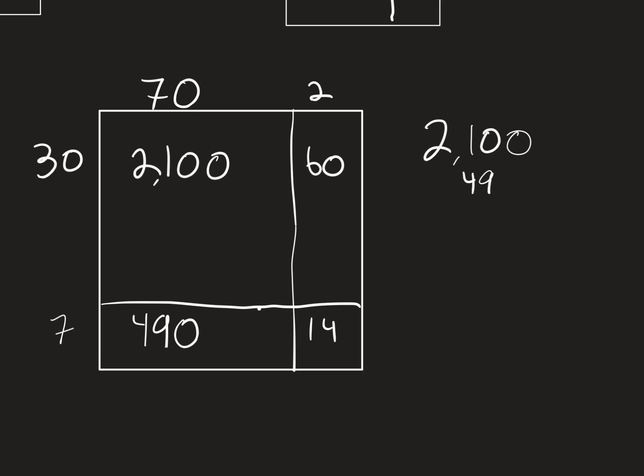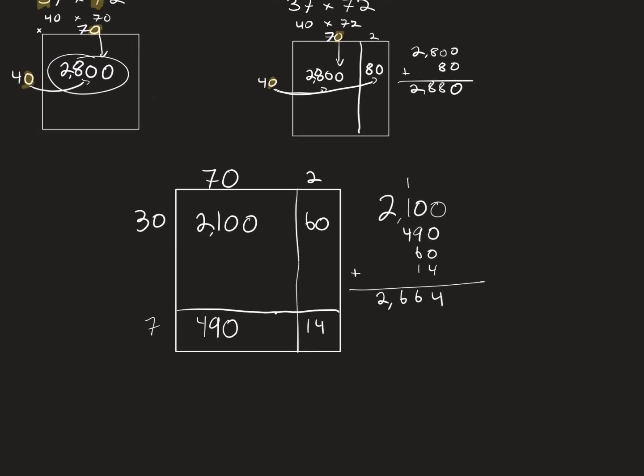So that gets me 2,100, 490, 60, and 14. When I add these all up, 4 plus all those zeros gets me 4. 9 plus 1 gets me 10. Plus 6 gets me 16. Carry the 1 because I made a 10. 4 plus 2 gets me 6. And 2 plus 0 gets me 2.